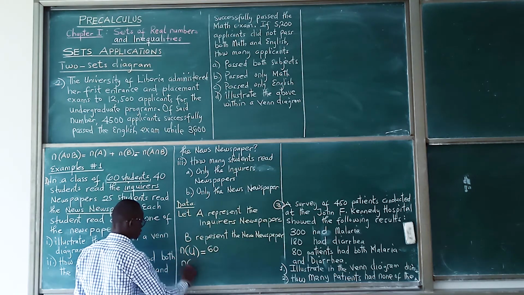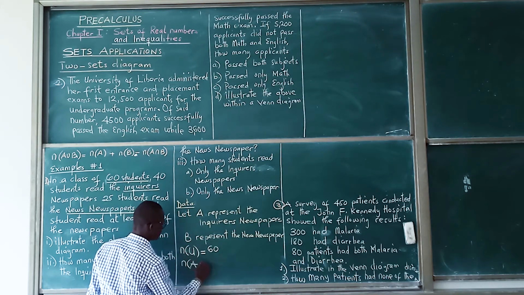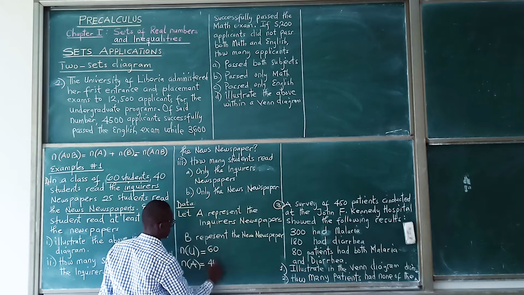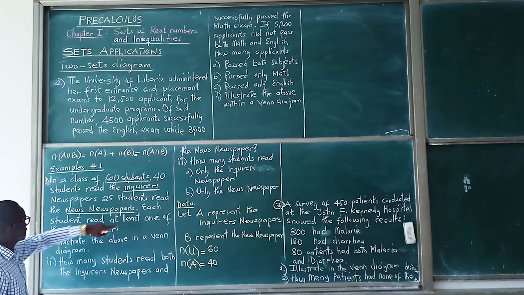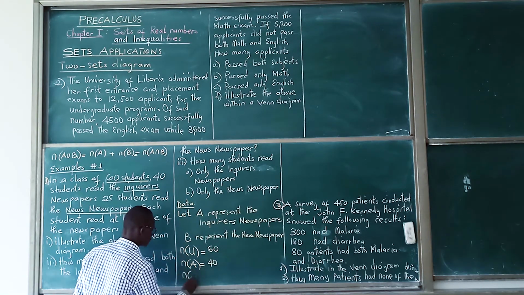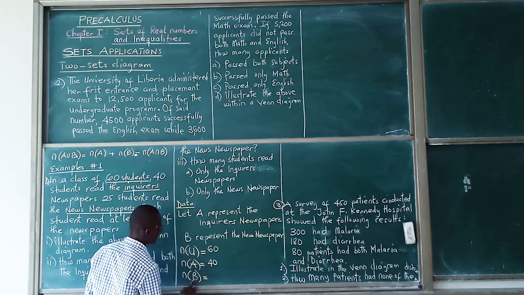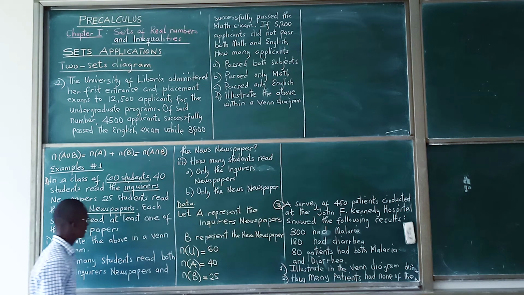So the number of students that read Inquirer newspapers, that represents A, is equal to 40. And also 25 students read the newspapers. So the number of students that read the newspapers, representing our B, is equal to 25 students.